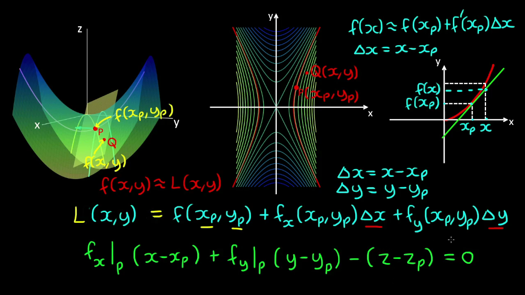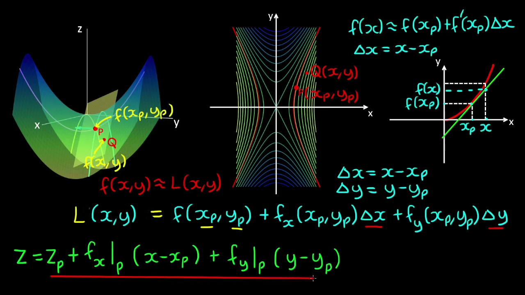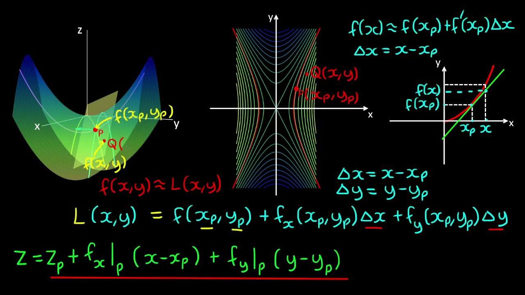So taking z to the other side of the equation, we can write this as z is equal to zp plus these terms. So therefore we can say that this is a linear approximation to z, where the point Q has coordinates x, y, and the z coordinate is L of x and y. So the point will be on a tangent plane, which we can see moves away from the surface.